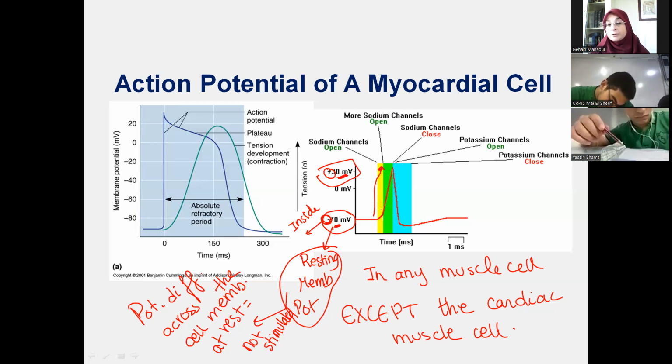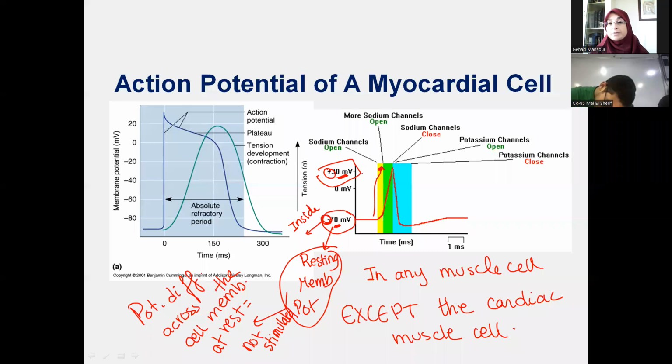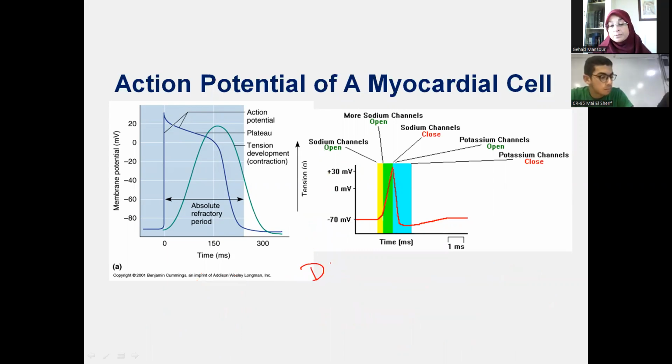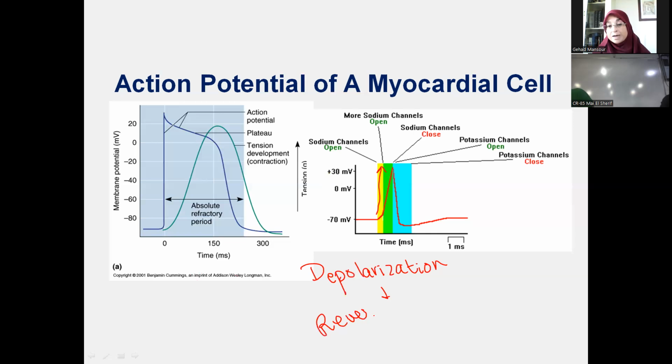So this indicates that during depolarization, there is reversal of polarity, meaning that now the inside becomes positive and the outside becomes negative. So again, during depolarization, we moved from minus 70 millivolts to plus 30 millivolts. During this part of the graph where we ascend like this, there is reversal of polarity.